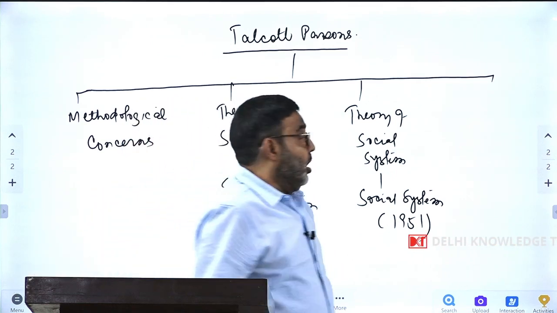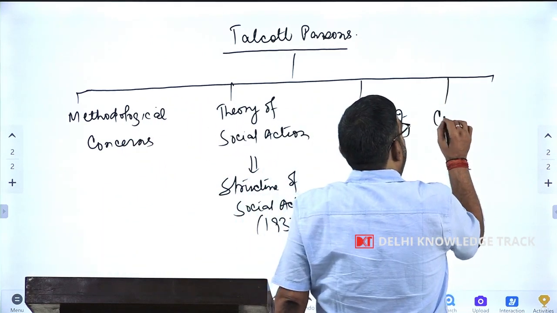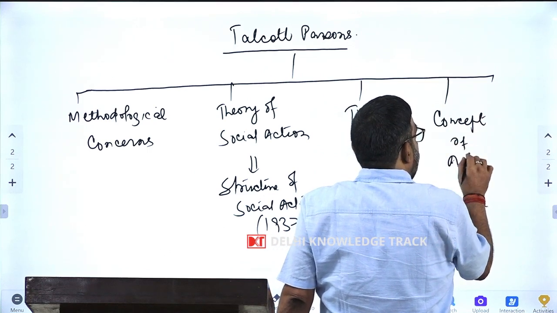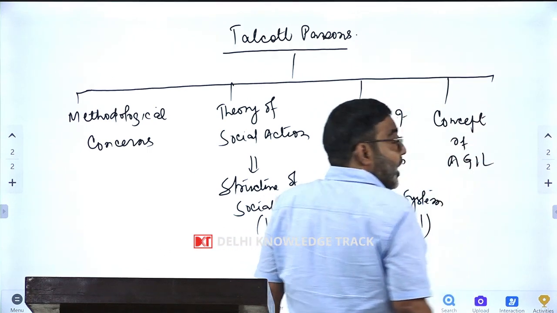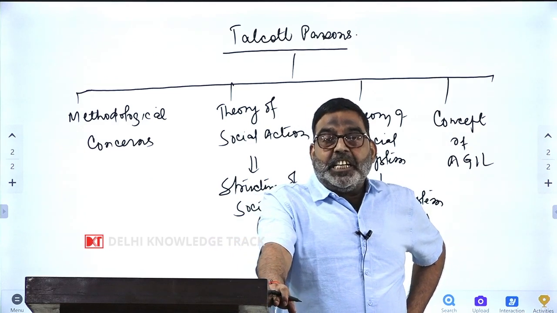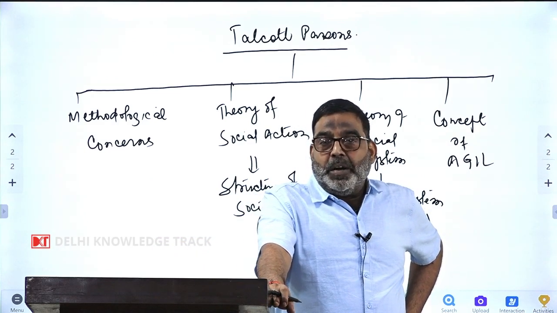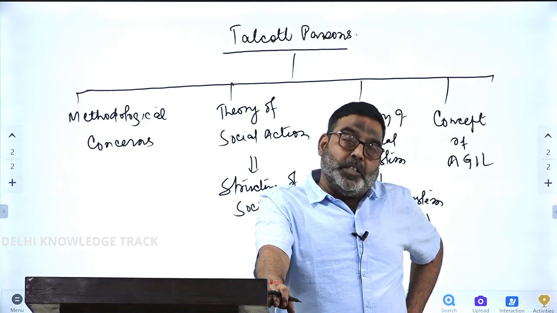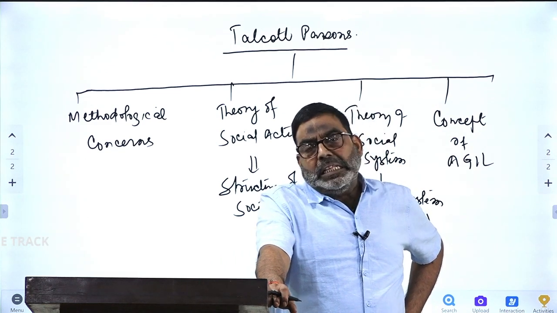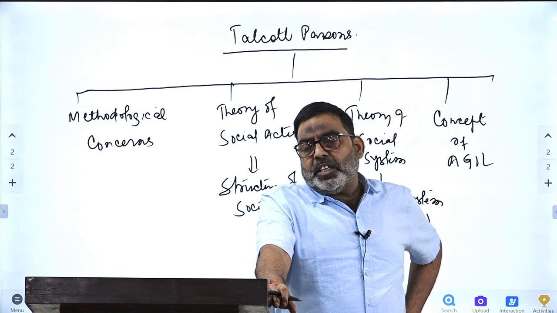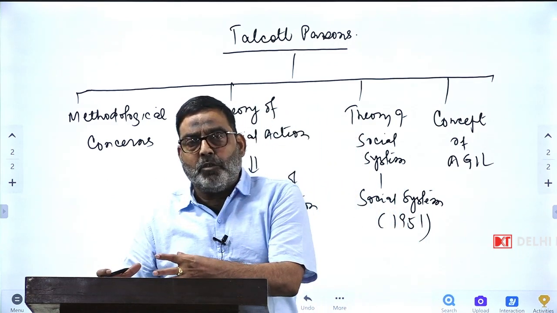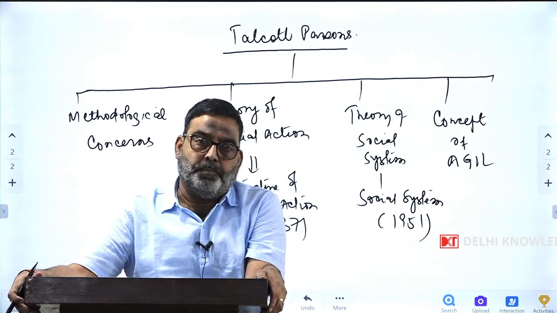That would be the concept of AGIL, where A stands for adaptation, G for goal attainment, I for integration, L for latency or pattern maintenance and tension management. The two associates of Parsons, Bales and Shils, who worked on small group behavior, Parsons takes reference of that and applies it to the social system.